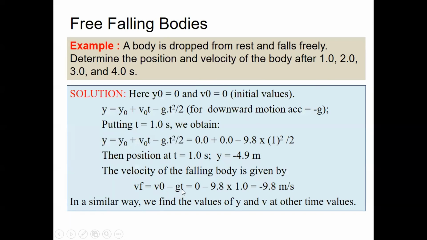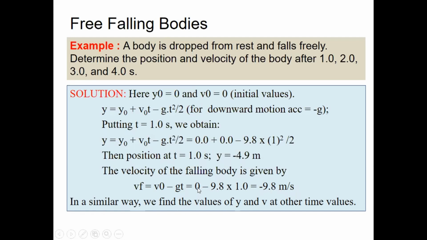Here again acceleration is written as minus g and multiplied by t. So 0 minus g, which is 9.8 meters per second squared, multiplied with the time value equal to 1. So the answer is minus 9.8 meters per second.